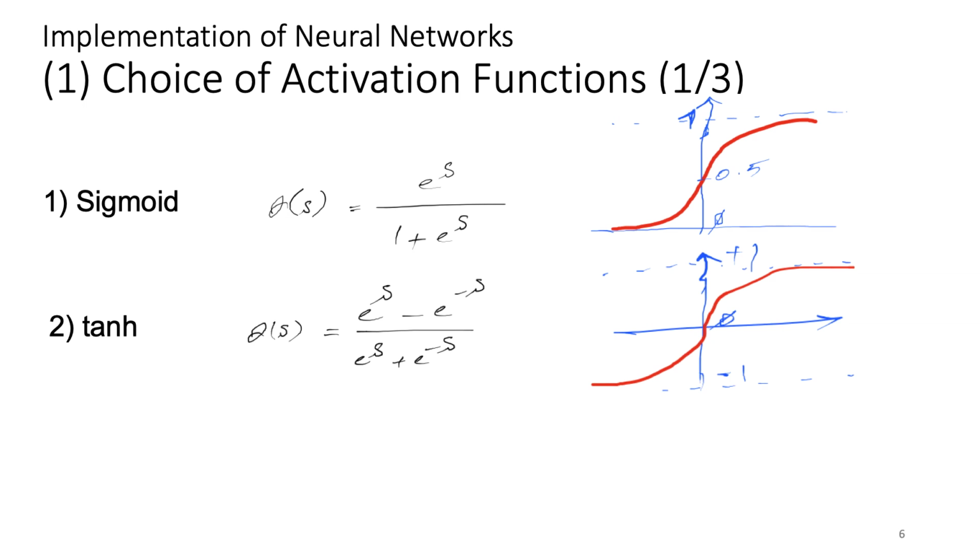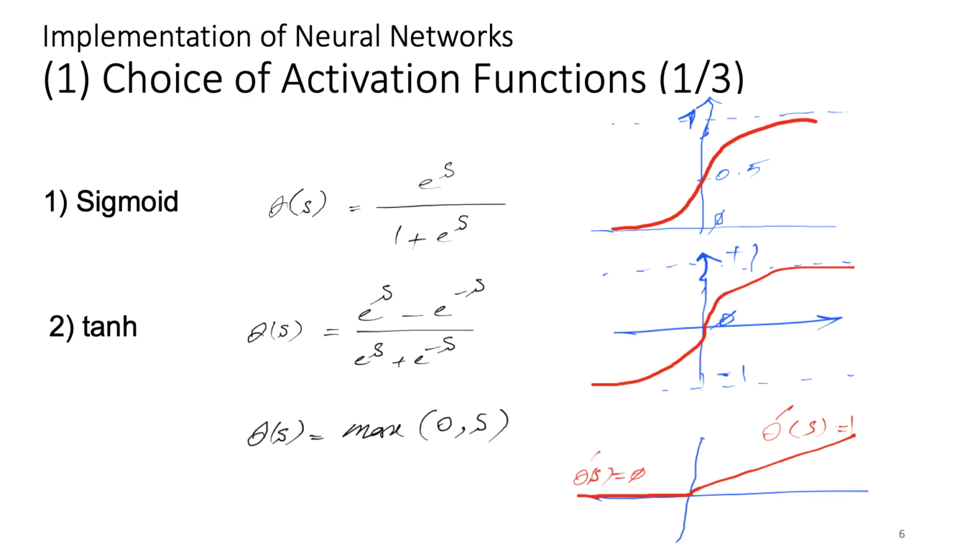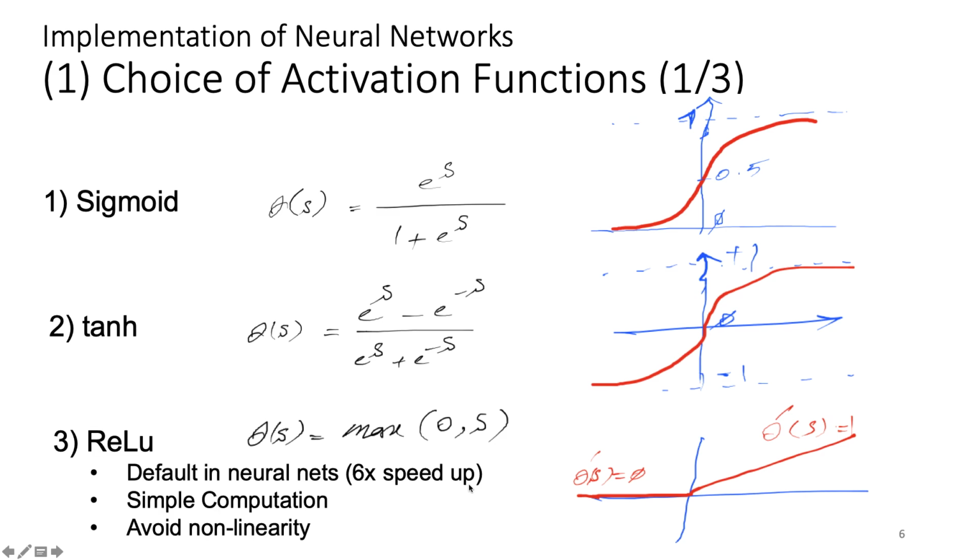However, one of the more popular choices of designers for neural nets is something else, which is called a Relu function, right? That's the function of Relu. Relu stands for rectified linear unit, right?